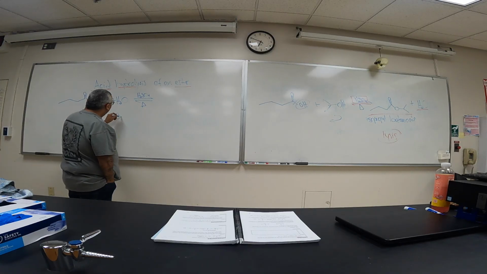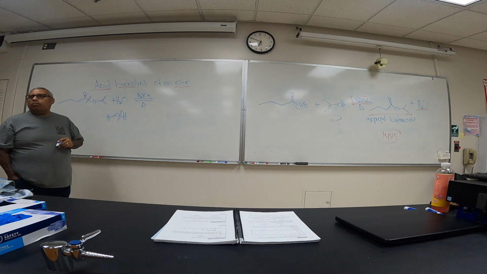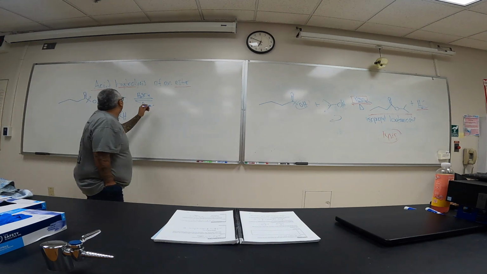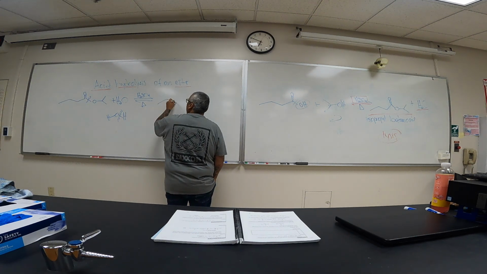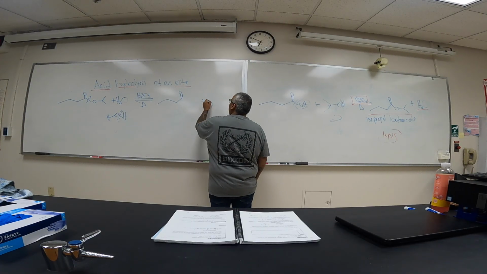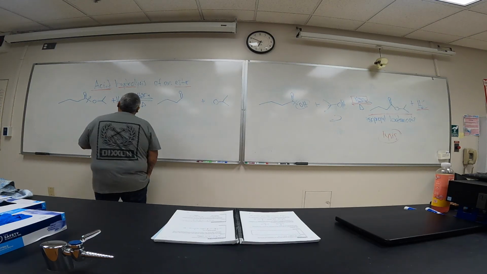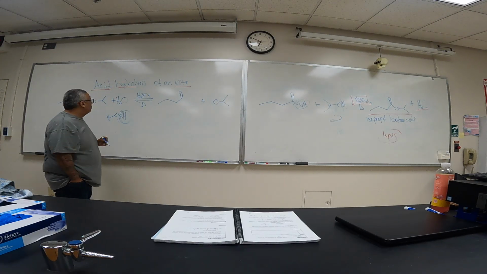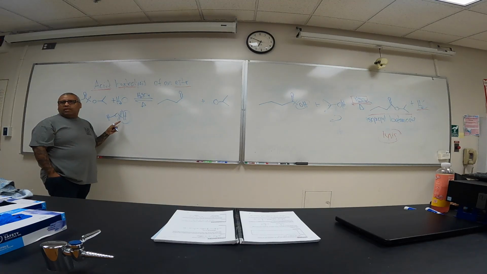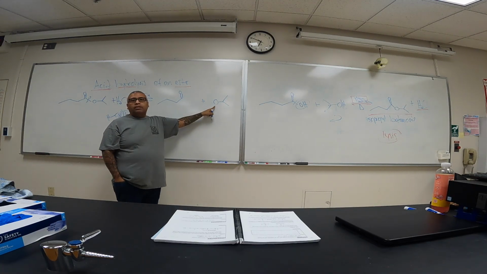The water will also get split apart. So let's break those two apart. We're going to get this, plus we're going to get this. We have two places where we can put the hydrogen. Could put it here, could put it here.